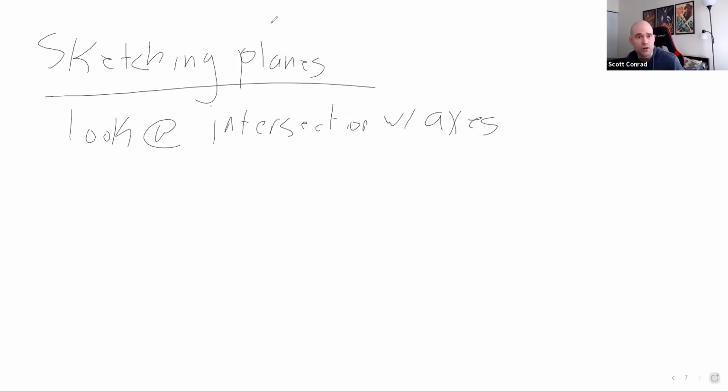Find the intersection with the axes in R3. And then connect them. And then that's going to give us the piece of the plane which lies in the first quadrant.